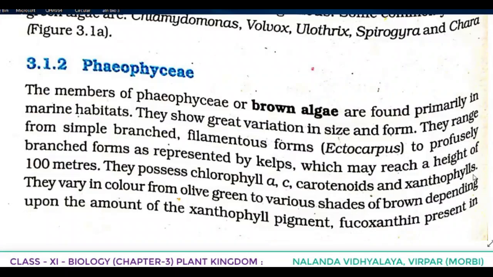They possess chlorophyll a, c, carotenoids and xanthophylls. In the case of Chlorophyceae, we told about the major pigments present, which are chlorophyll a and b. And here the pigments present in Phaeophyceae are chlorophyll a, c, carotenoids and xanthophylls.